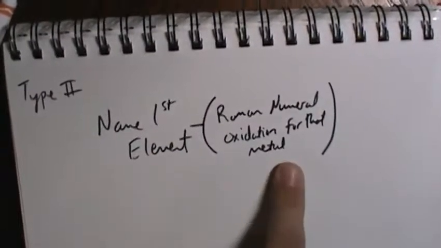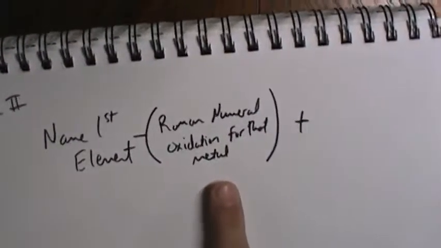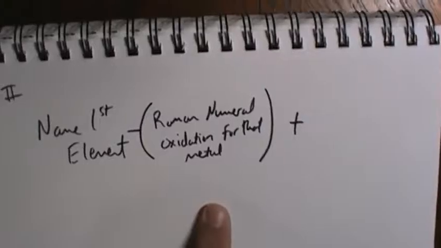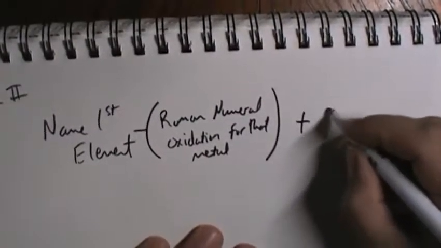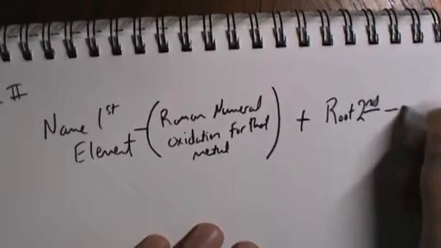This is all part of the same thing. Then I'm using a plus to signify a space, and then we do what we did for the type 1 compounds, the root of the second element, suffix IDE.